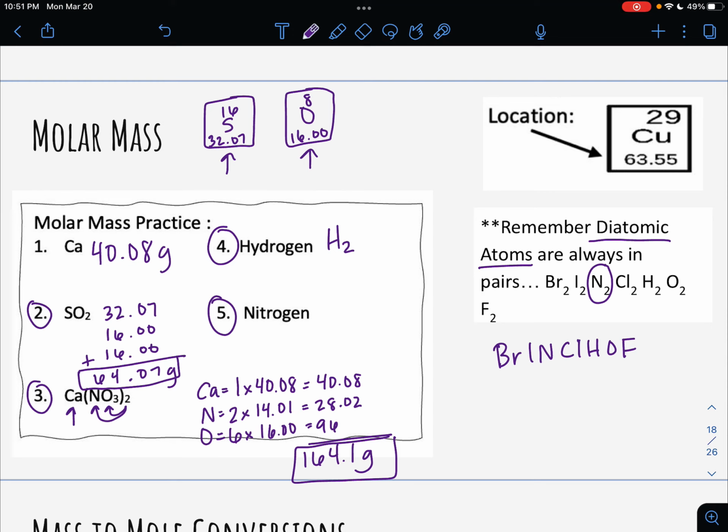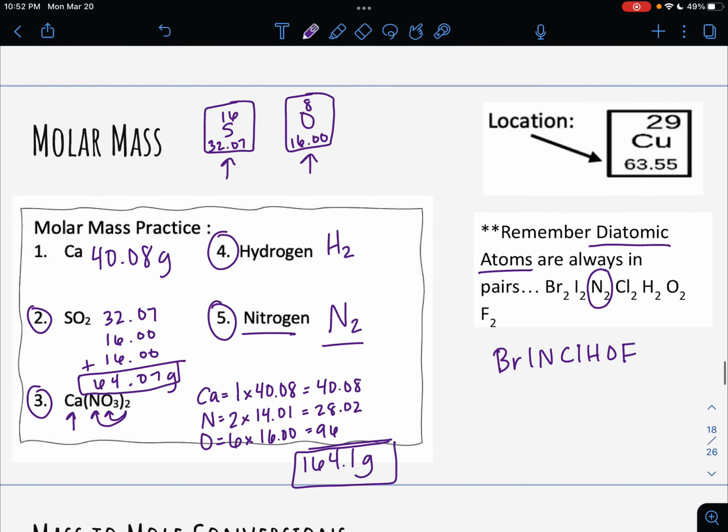If I just say nitrogen, I'm talking about N2. Nitrogen will never exist by itself. It will always be bonded to either something else or to itself. So if we just say nitrogen, we mean N2. If I wanted to find the mass, then I would just add up two nitrogens. And that is all there is to molar mass.